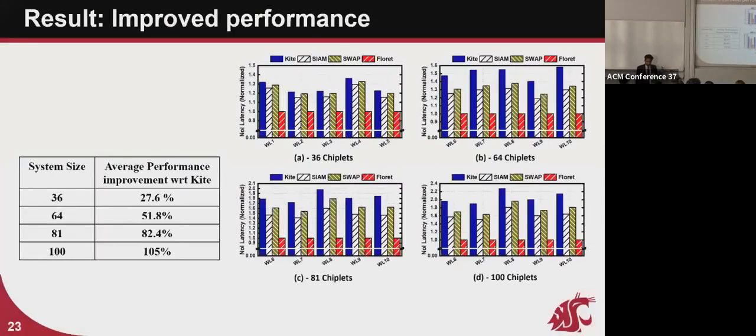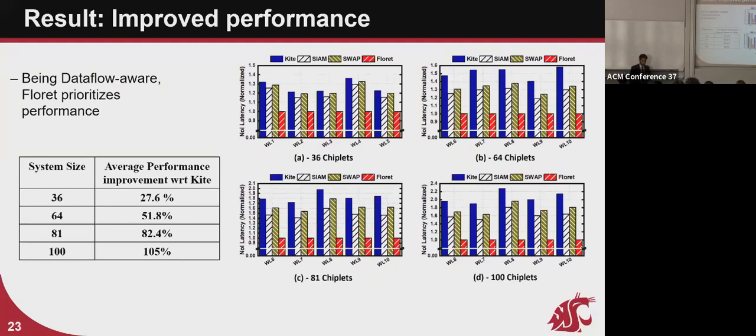So let's look at the actual numbers. In the case of a 36 chiplet system, the average performance improvement with one example, called Kite, is 27%. We go up to 51, 82, and about 100% improvement due to this contiguity, which was not in the other scenarios, and having this hardware-software co-design where we map along this software path. Because we are data flow aware, we know what data flow to expect.